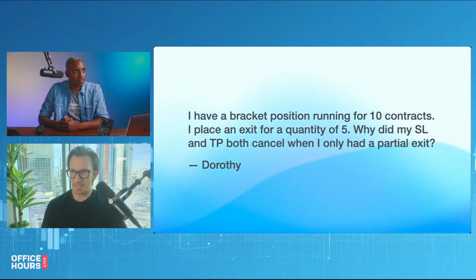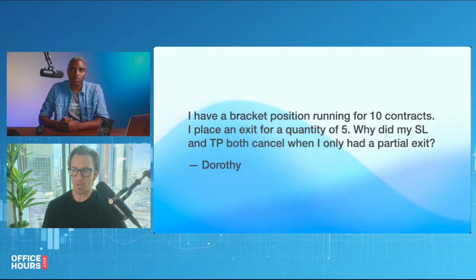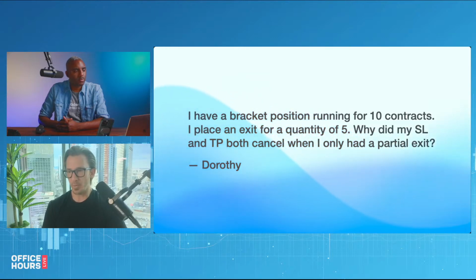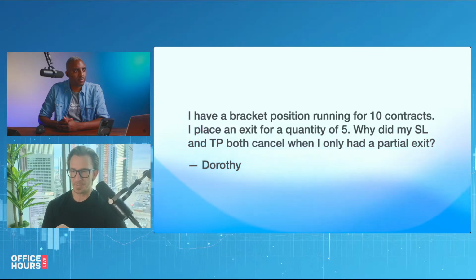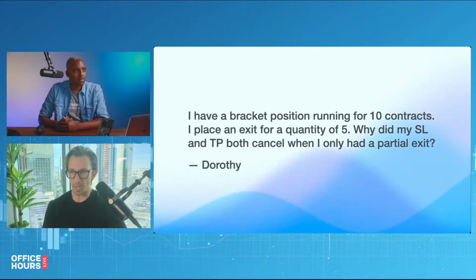If you send an exit signal, even if you specify a lower quantity, it's still going to cancel the open orders. So the best thing to do is to send a sell signal instead of an exit signal, and just define the quantity that you want to exit by. And that would just remove some of that quantity without canceling the other open orders.